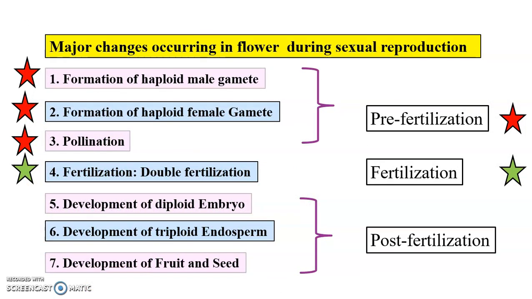In my previous video, I discussed with you the pre-fertilization changes. In this video, we have discussed the fertilization process. In another video, we will be discussing post-fertilization changes. Separate videos would be there on reproduction in lower plants and on pollination.